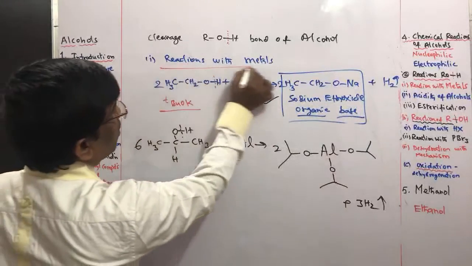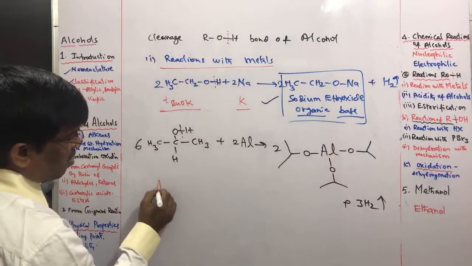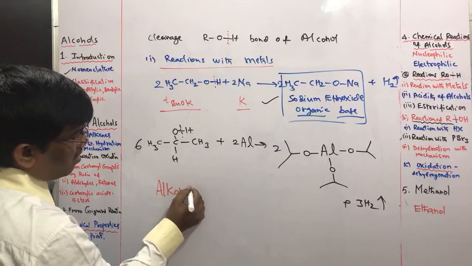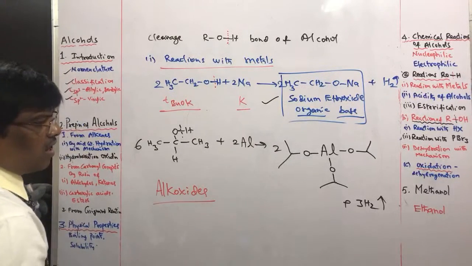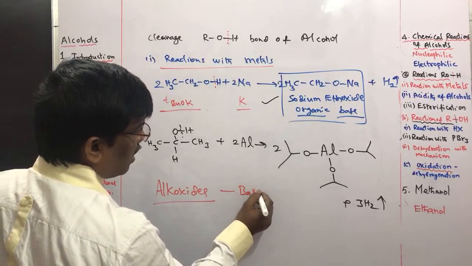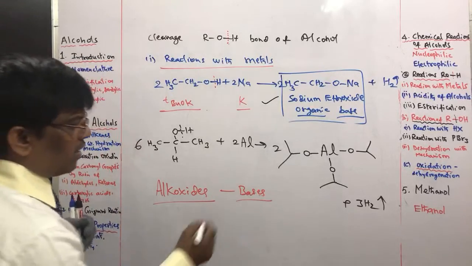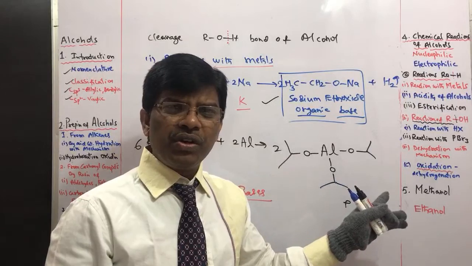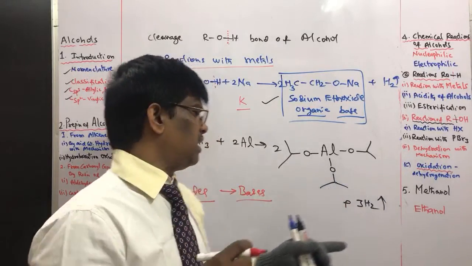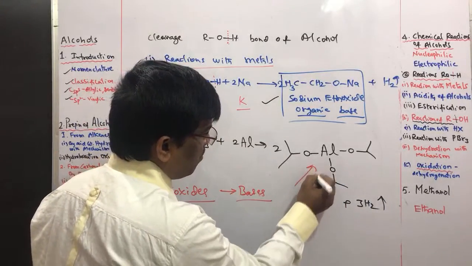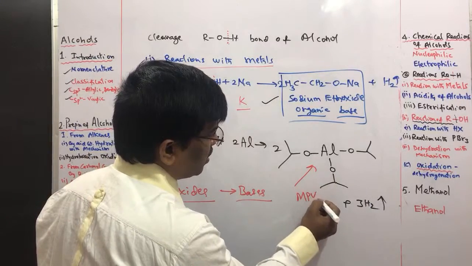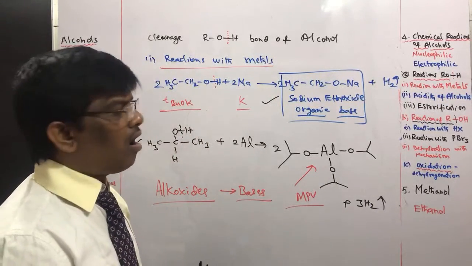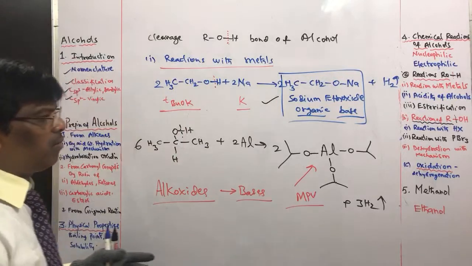So reaction of alcohols with metals gives alkoxides, which can be used as organic bases. And aluminium isopropoxide, though neutral, is slightly basic, and it is used in MPV reduction for the chemoselective reduction of carbonyl compounds to alcohols.